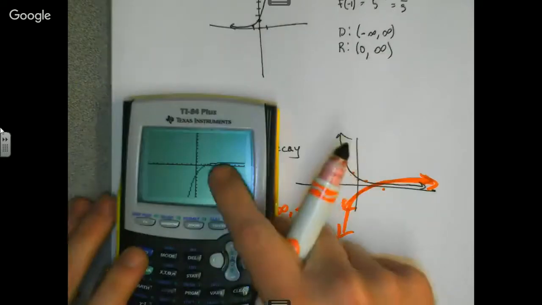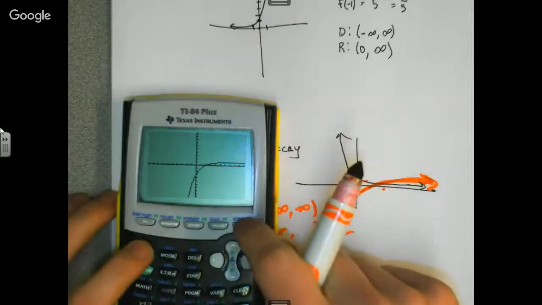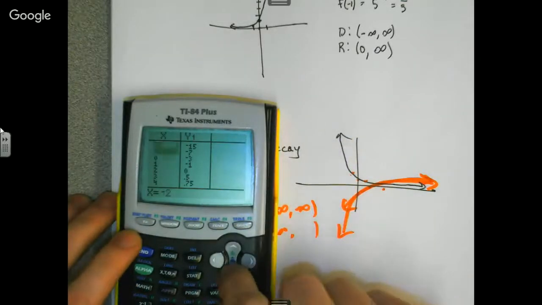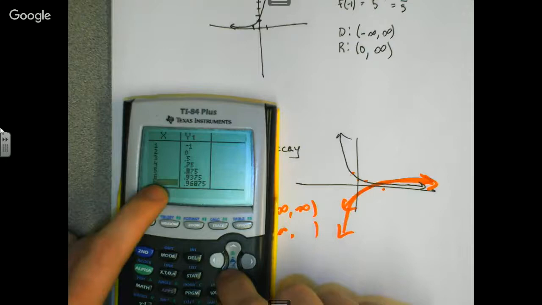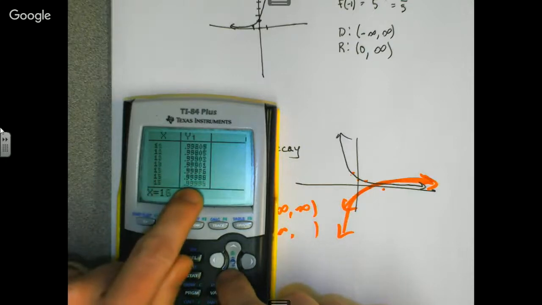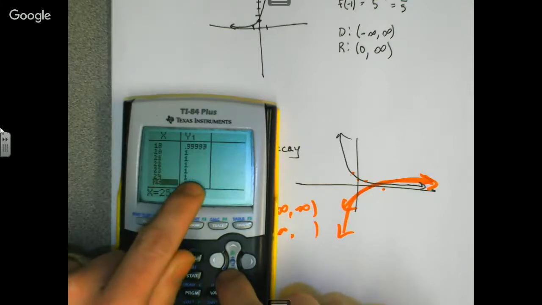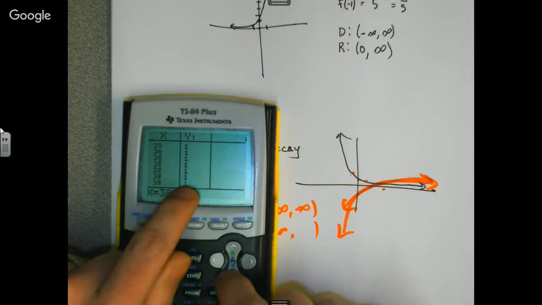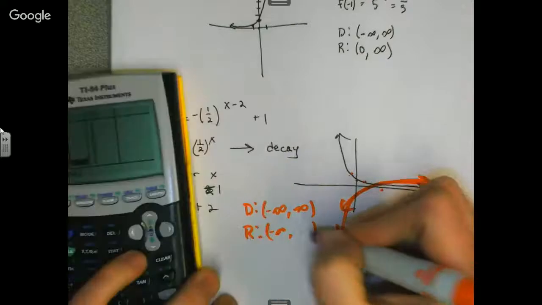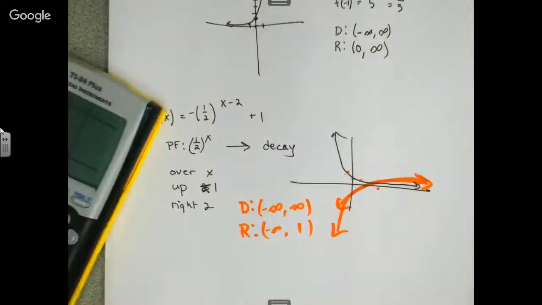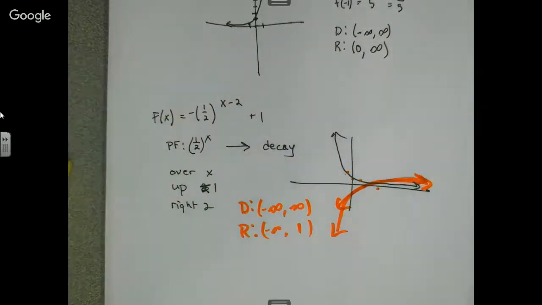If I look on the calculator, maybe going to 1. We can check that on the table. As we keep going up, look at those numbers. And we actually end up going to 1. But I know that that is actually a horizontal asymptote. So we're going to put a 1 there because I can't actually choose that.